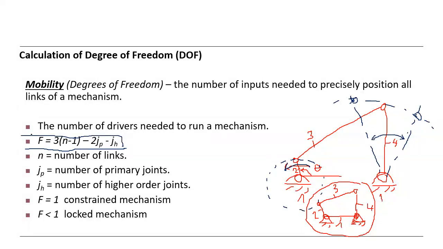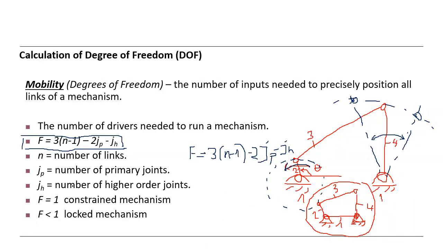You see these equations. This is for the planar mechanism. So F is equal to 3 times (n, the number of links, minus 1), minus 2 times G, that means the primary joints, and minus the higher order joints.